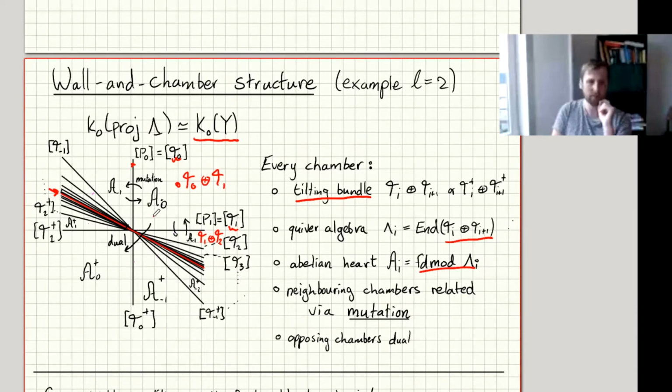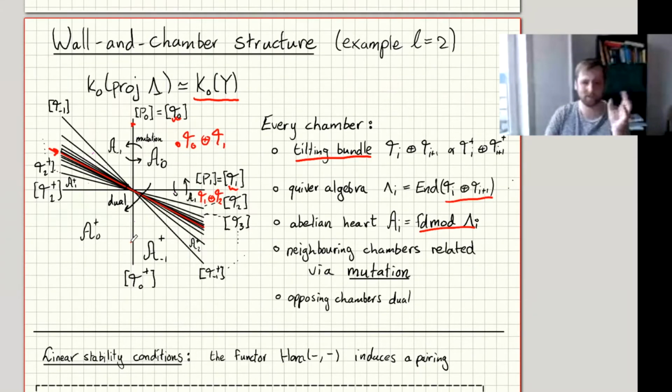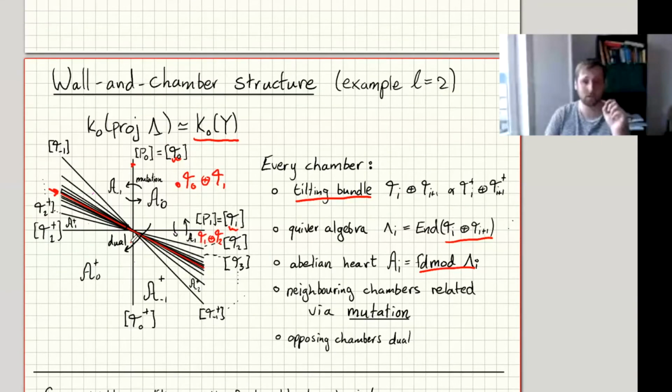So if you cross a wall, you do a mutation, and if you flip the diagram, you do a duality, which more or less corresponds to actually doing the flop, though it's sort of hard to see that in this picture.